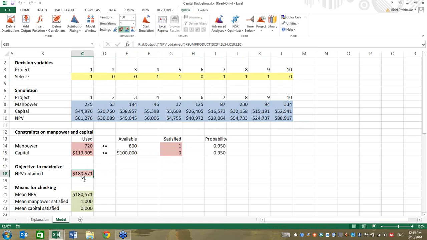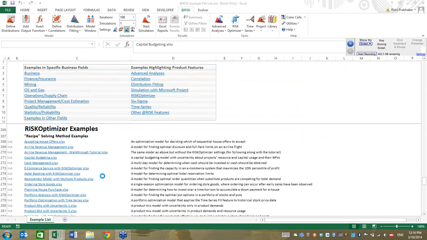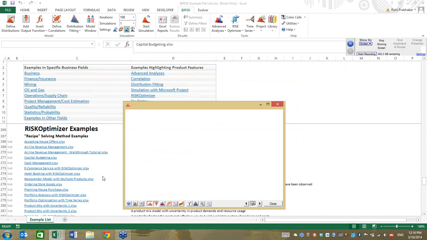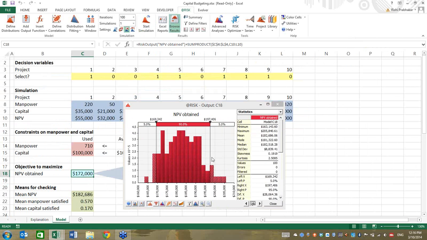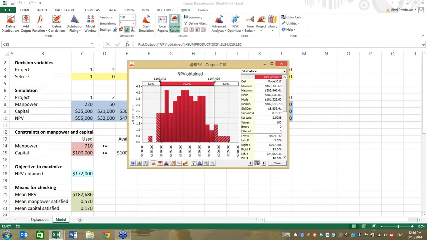But in an uncertain model, which will realistically be almost all of the models that you're looking at, our output is not a value, it's actually a distribution. It looks like this. Obviously, that's a very quick simulation, but it is a range of possible values.